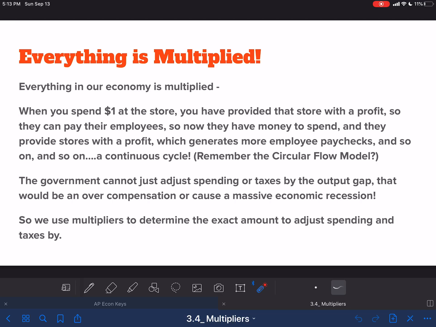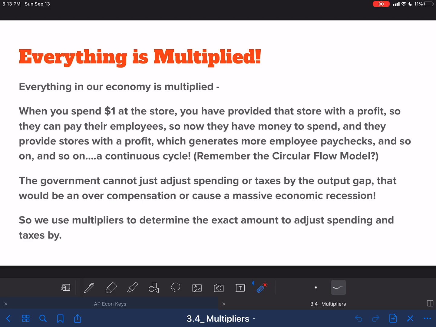Everything is multiplied. So the government can't just change spending or taxes by the output gap. So let's say we have an output gap of negative 500 billion. Well, that means we're in a recession and our gap is 500 billion. So the government can't just increase its spending by 500 billion. If it did that, then our economy would be multiplied by 500 billion.